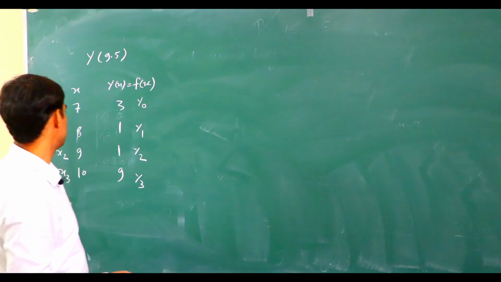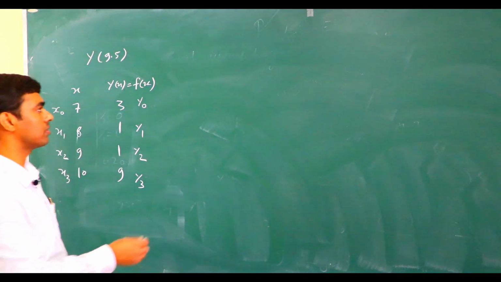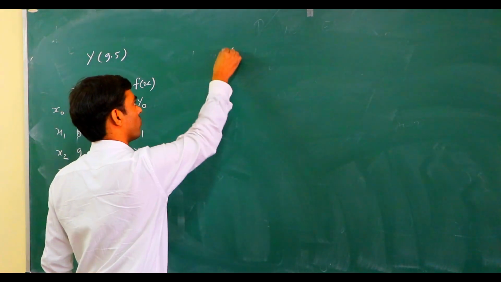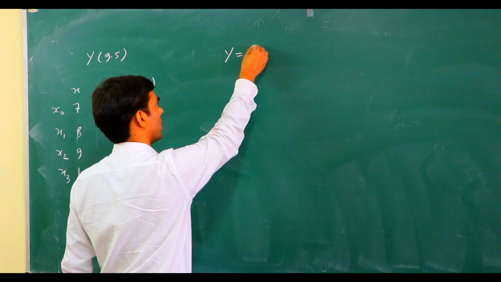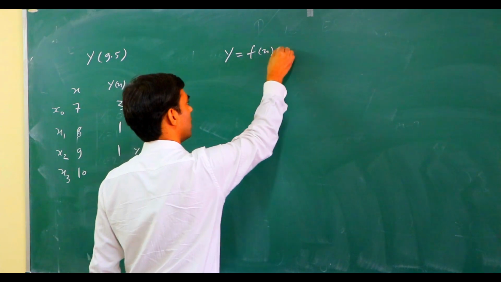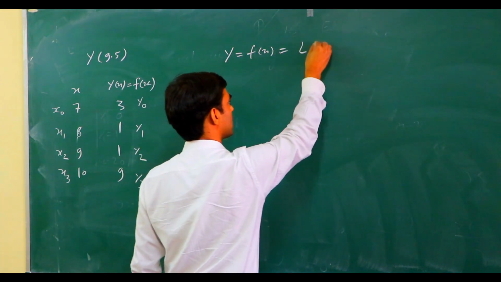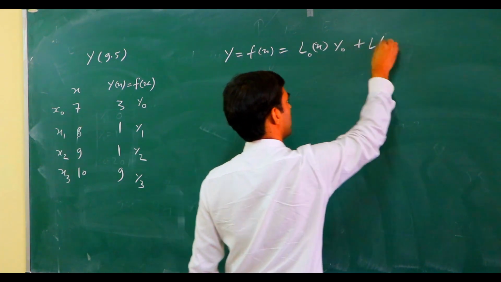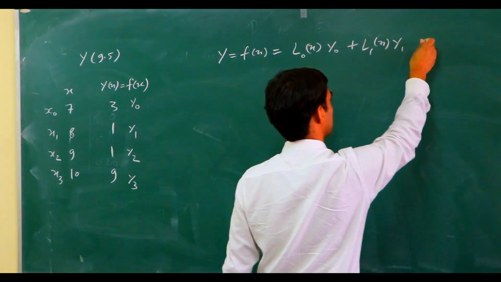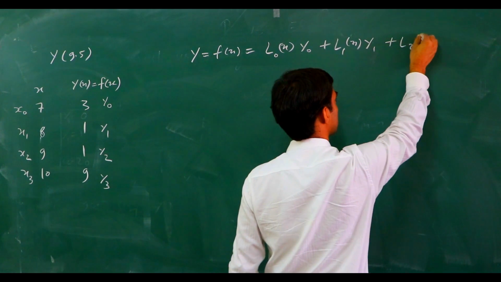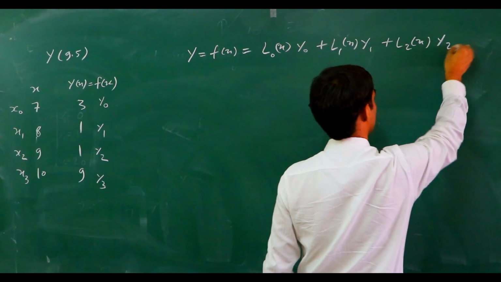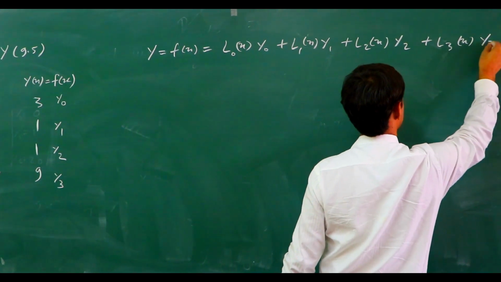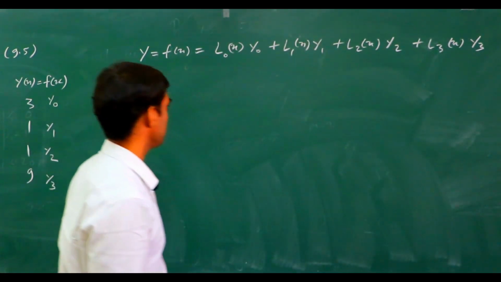What is the Lagrange interpolation formula for 4 terms? Y equals f(x) equals L0(x) y0 plus L1(x) y1 plus L2(x) y2 plus L3(x) y3.